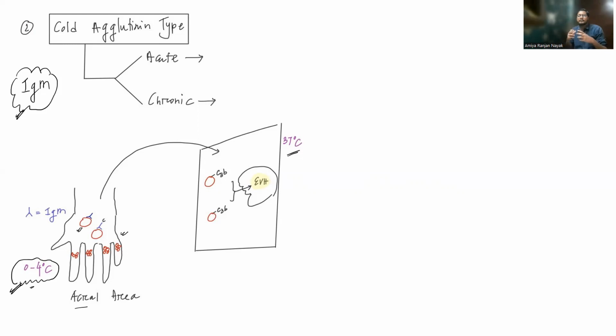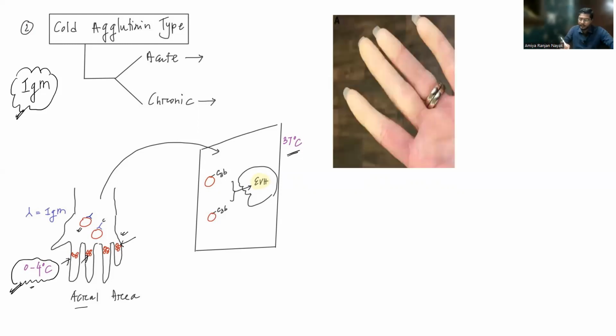Now, once they're bound to these RBCs, they can cause two things. The first thing is they can cause agglutination of the RBCs, as you can see here. Because of this agglutination in the microvasculature in the acral areas, they can cause pallor in the peripheral areas.